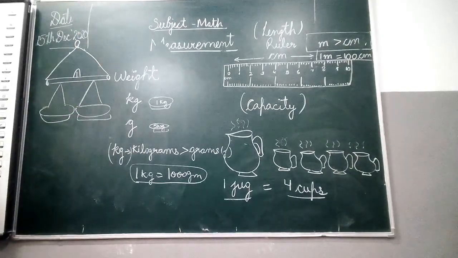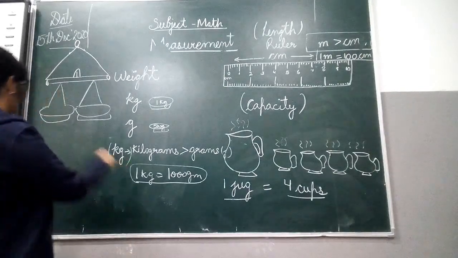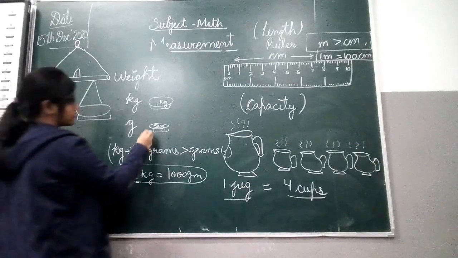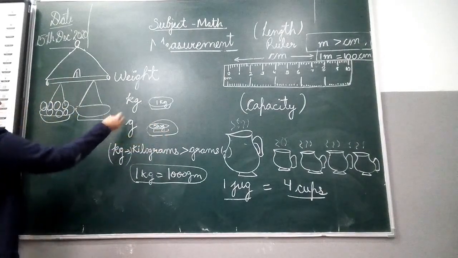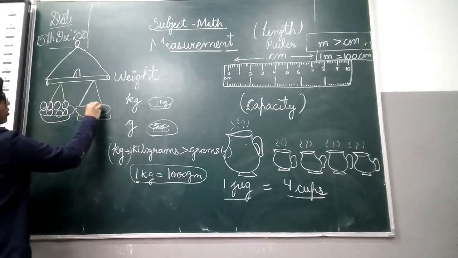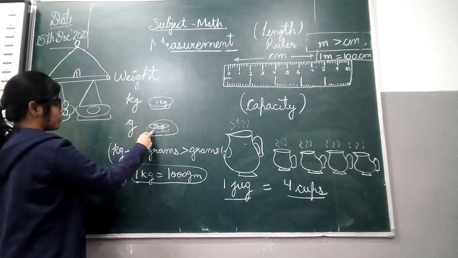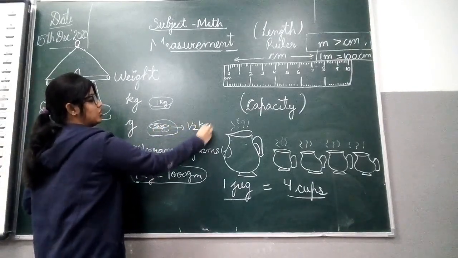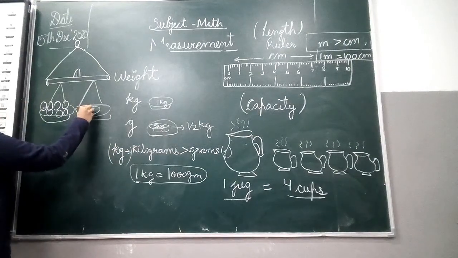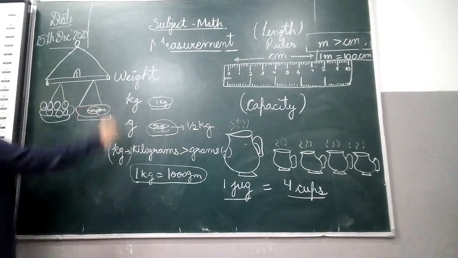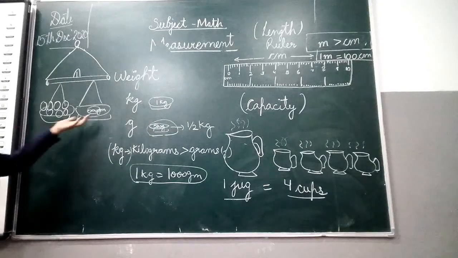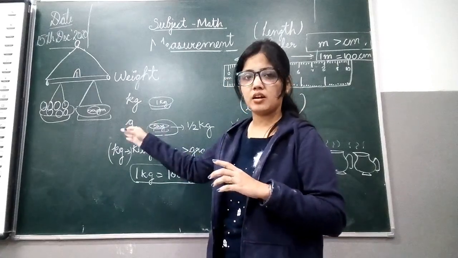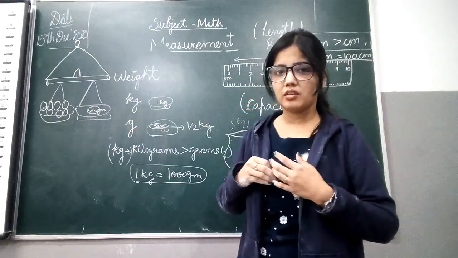He places some fruits, and if we want to take half kg or 1 kg, he puts a stone of that measurement. If we want half kg, 500 grams means half kg, then he puts the measuring stone of 500 gram weight. This is how he measures the weight and gives us the goods.